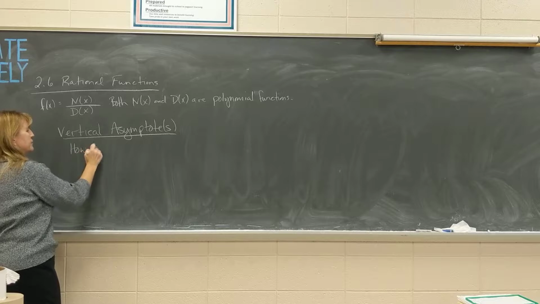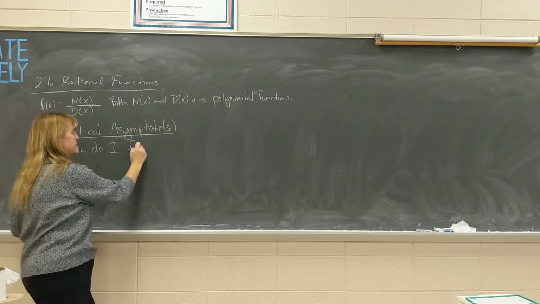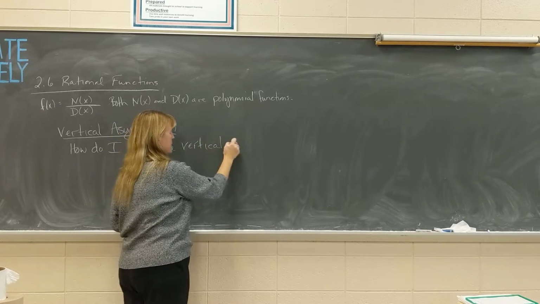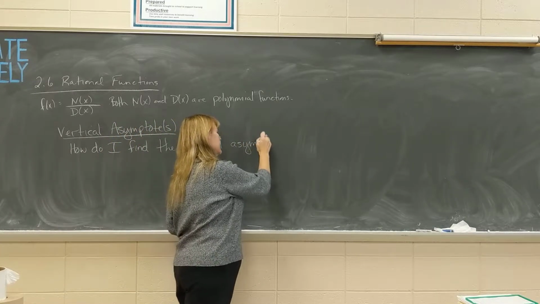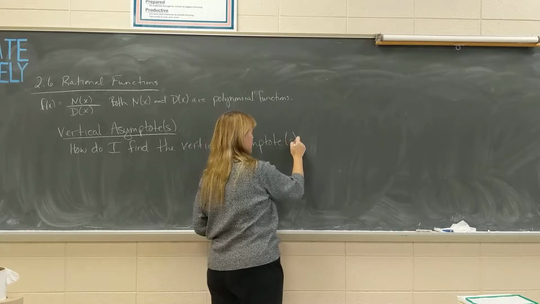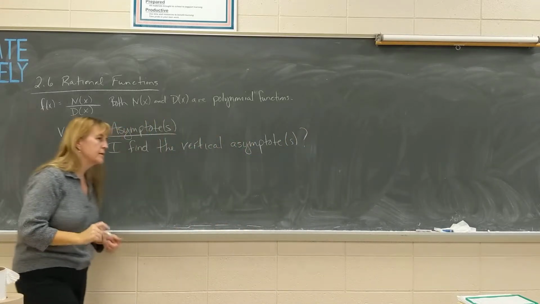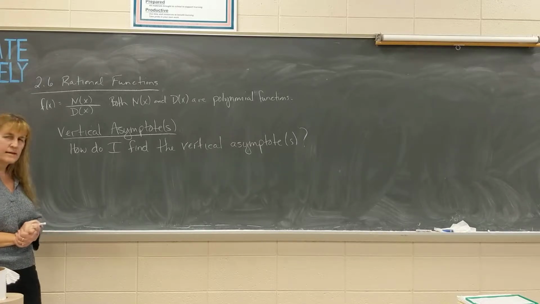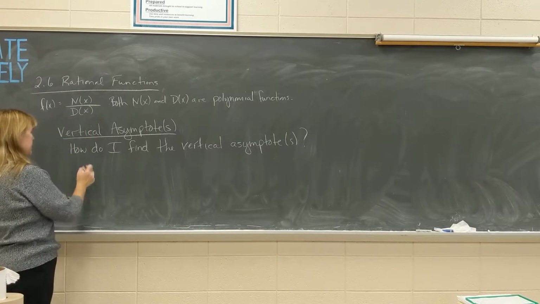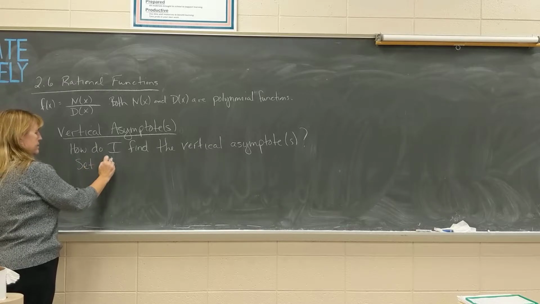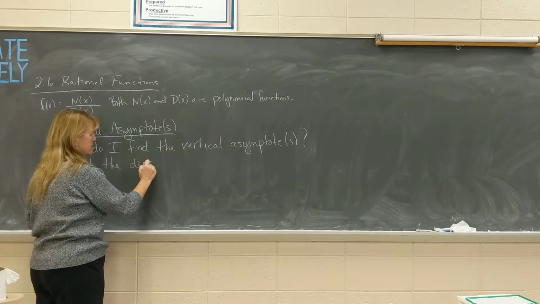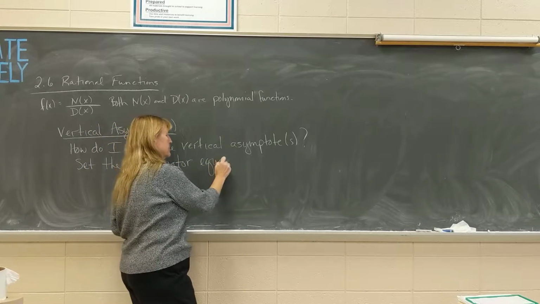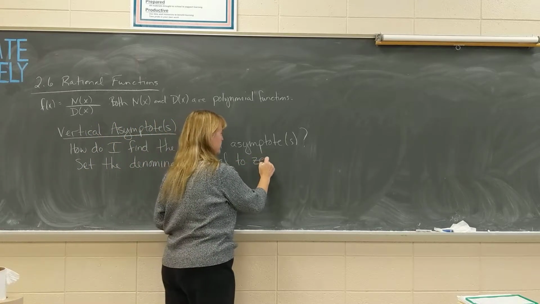How do I find the vertical asymptotes? And the answer to that, simply enough, is set the denominator equal to 0.